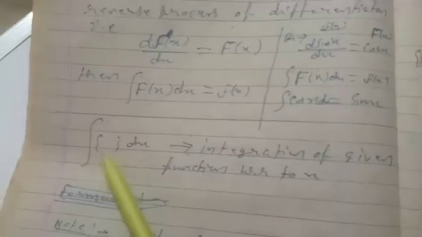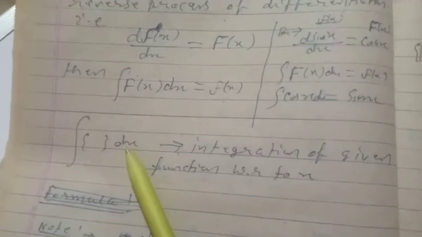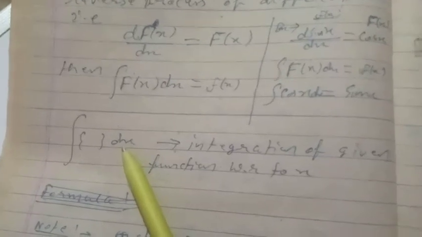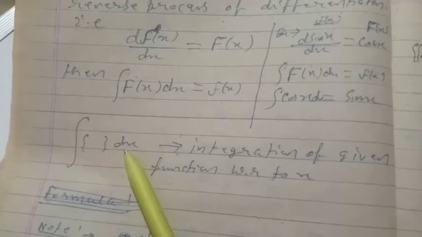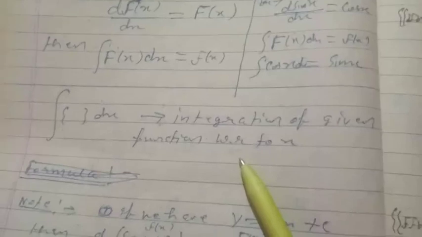This symbol represents the integration with respect to the given function. Here dx means the integration is over the function which is a function of x. That is, integration of the given function with respect to x.